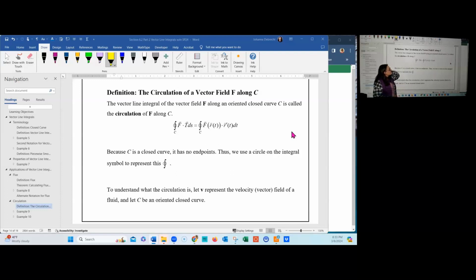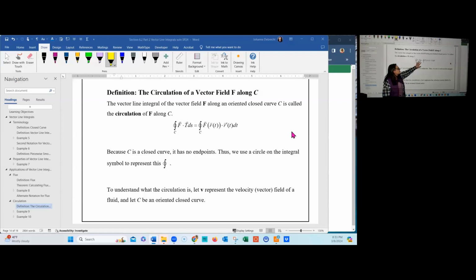For the circulation integral, you'll notice that we've added a circle into the center part of the integral to indicate that it is on a closed curve. That indicates that it must be the circulation integral. There are times, however, when we drop the circle simply because we forget. So just because it's not there, if it is a closed loop, it does represent circulation.